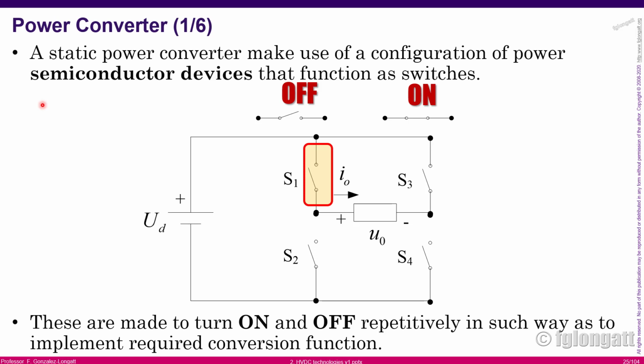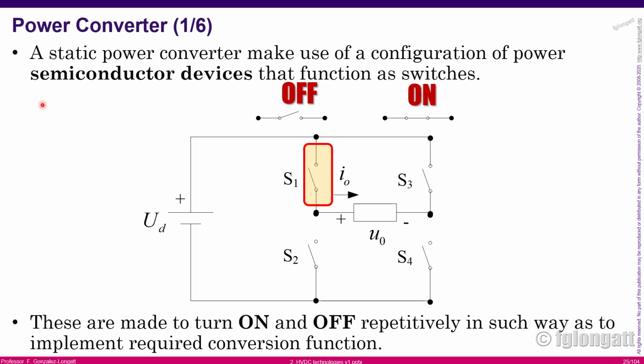There are 4 switches: S1, S2, S3, and S4, and there is a DC voltage source. Each switch has 2 different states: closed or open, or you can call it on or off. Those switches can be mechanical, however, in the modern world, we use semiconductor devices to do the function of those switches.